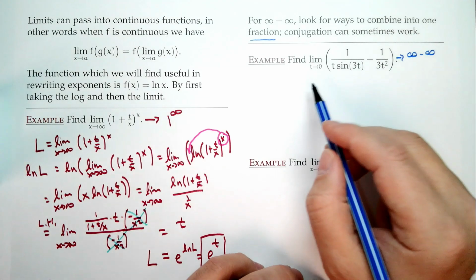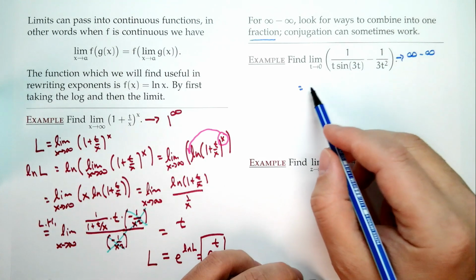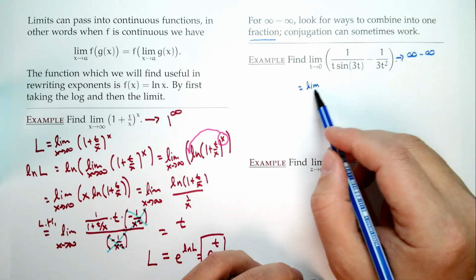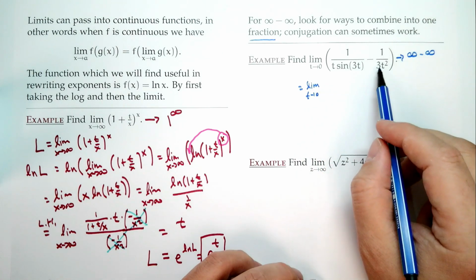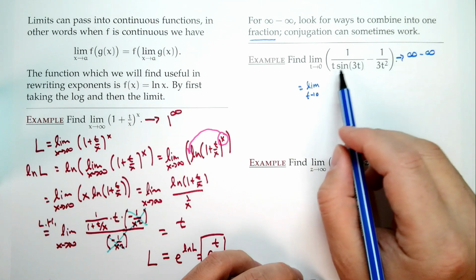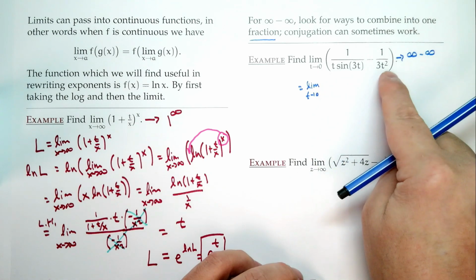Well, the answer is we can do a common denominator. Let's actually write this as a fraction. So that's the limit as t goes to 0. Now the common denominator, I need to have a 3t squared. So this one will need a t and a 3, and this one needs to have a sine of 3t.